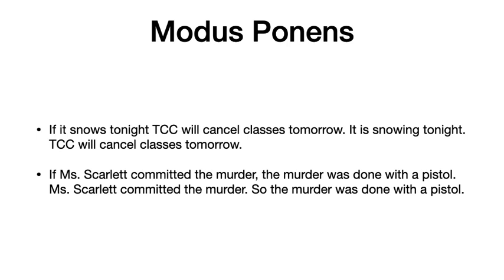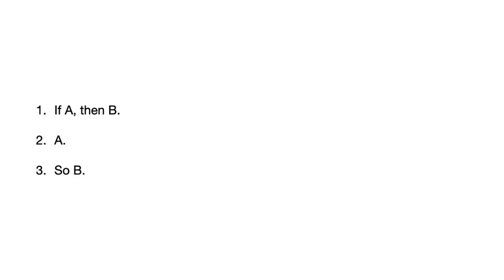She did it, so it was done with a pistol. If A, then B, A, so B. Modus ponens is a valid form of argument. Any argument that uses this form, at least this step, is valid. If A, then B, A, so B.